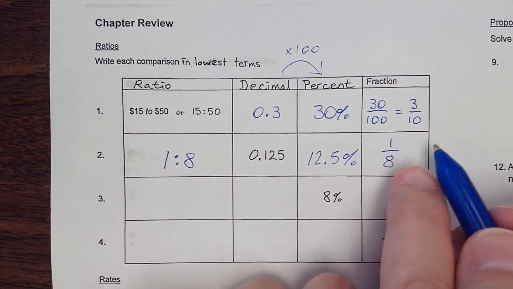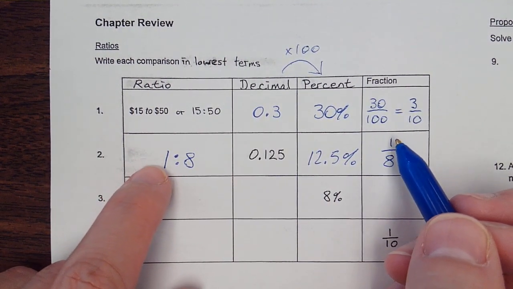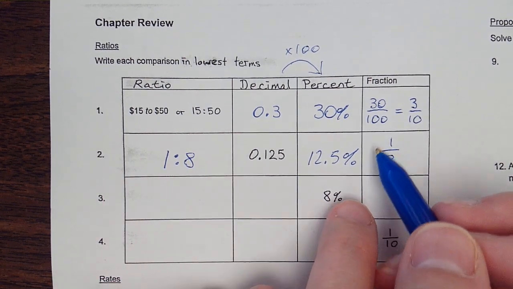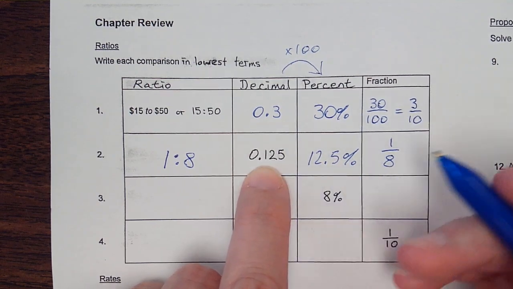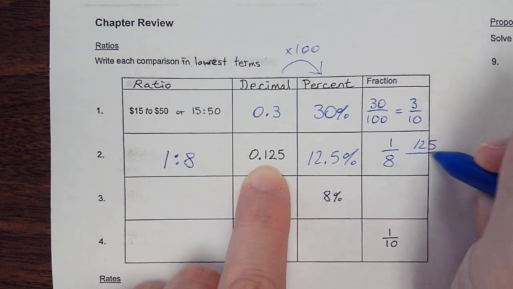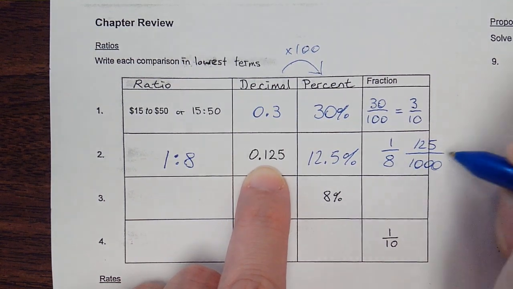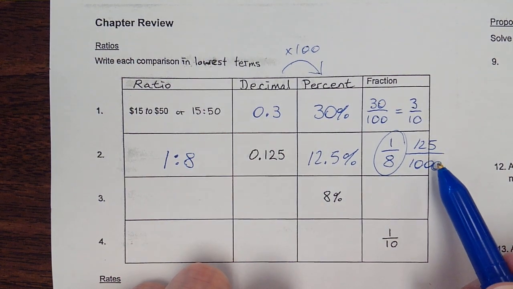Okay. Your fraction and ratio, it's the same numbers, right? So 1 to 8. So how Alex got that fraction 1 over 8 is because he did 125 over 1,000. And then when he reduced it, that's how he got that 1 over 8.